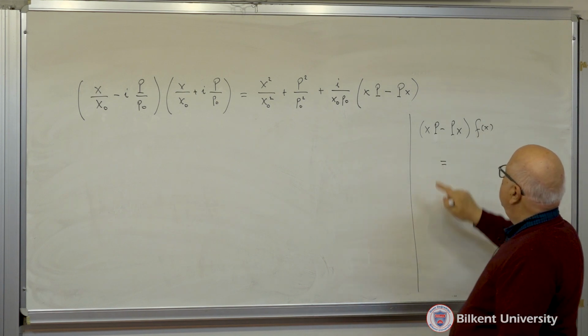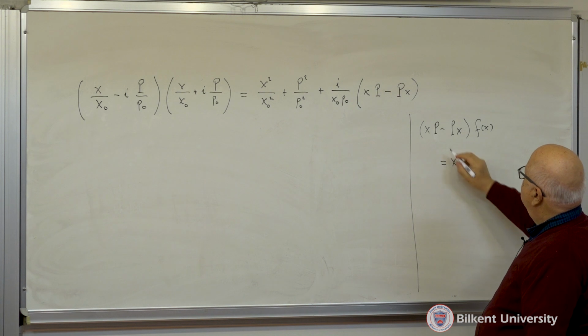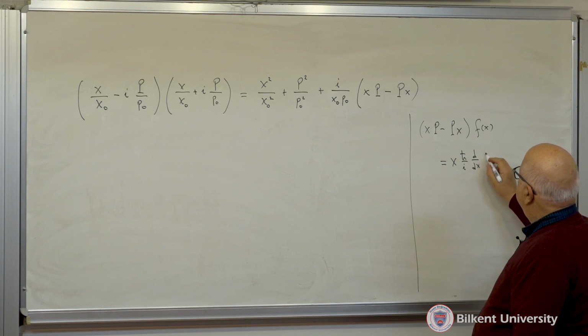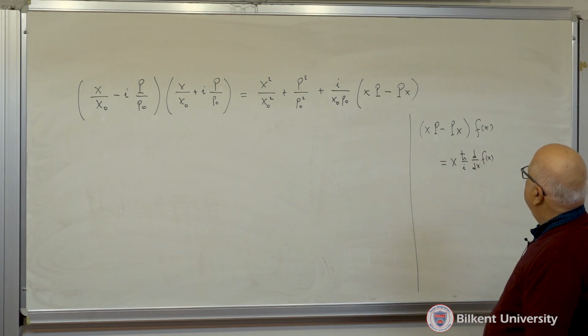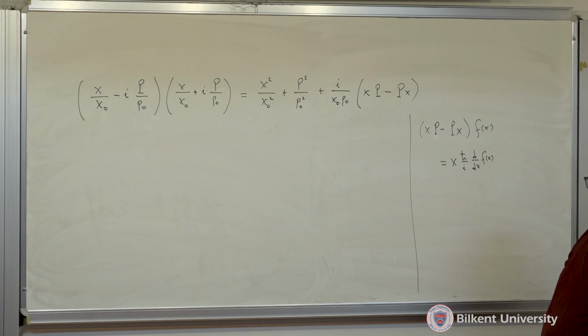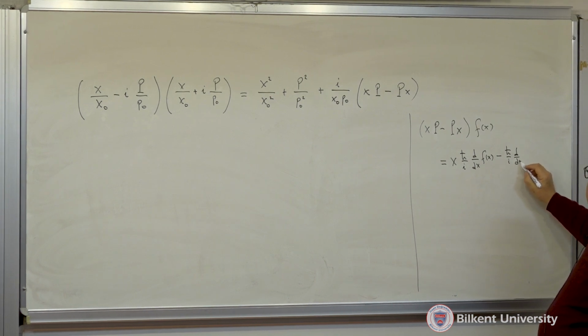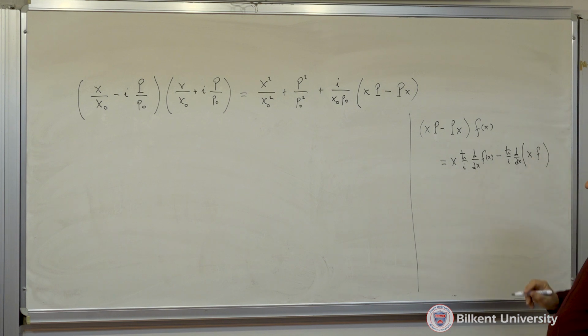what do I get? I get x times h bar over i, ordinary derivative because I just have functions of x. So that's the first term, minus h bar over i d/dx, again the p operator, x times f now.